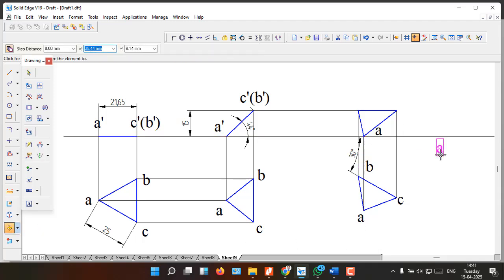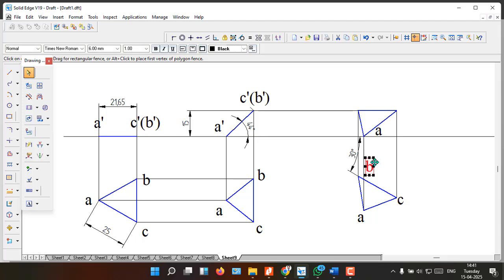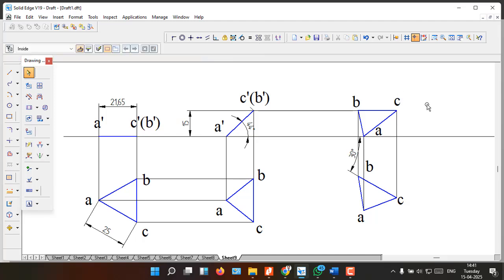This is A, this is B, and this is C. And we need to mark a dash. A dash, B dash, C dash. Okay, so that's how exactly we can complete the problem.